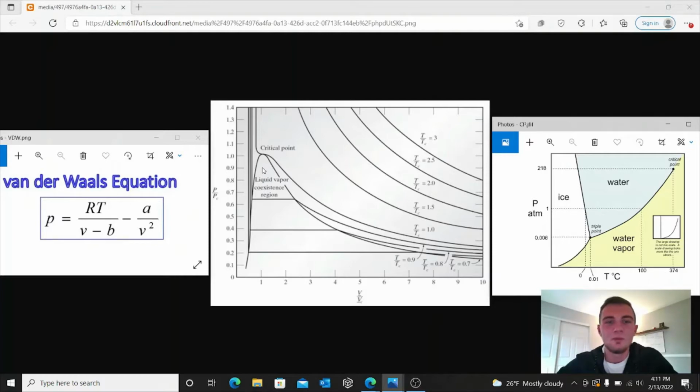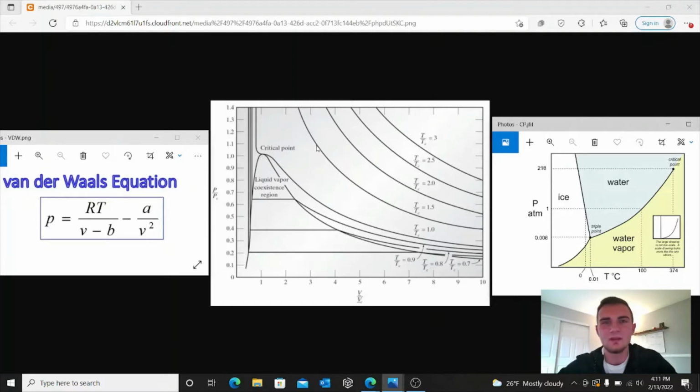Now, what we can do, and what I'm going to do in a minute, is use the critical point to determine the A and B parameters for this equation. Up here at the critical point on this graph, the first derivative is equal to 0 because you have a flat horizontal line.